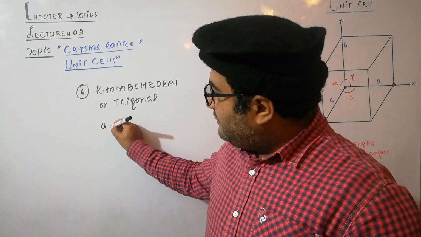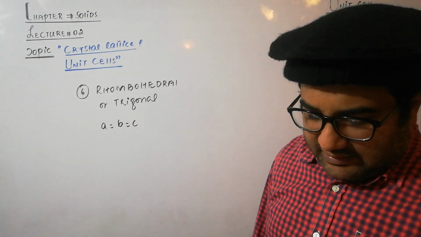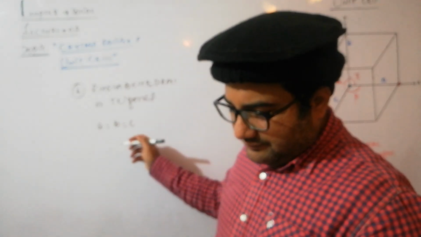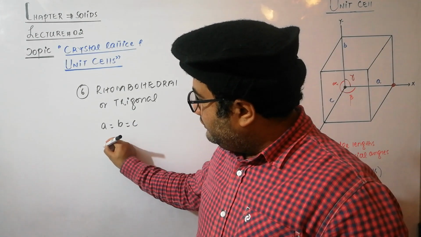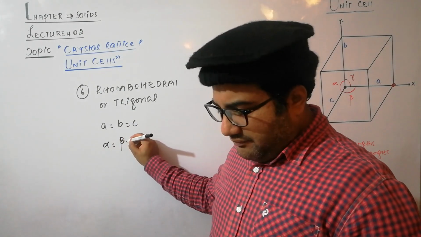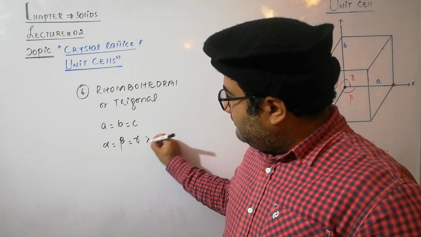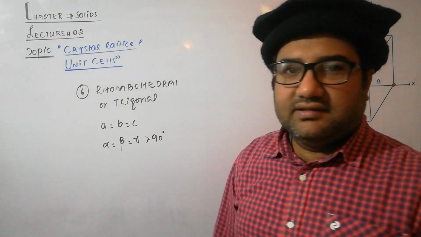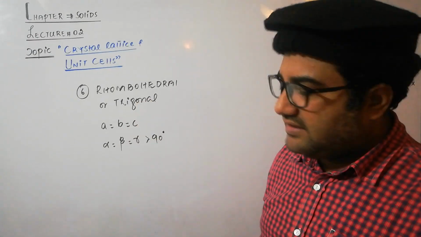A is equal to B is equal to C, meaning all edge lengths are equal, and alpha is equal to beta is equal to gamma, but they are slightly greater than 90 degree. So this one is the relationship of the crystallographic elements.